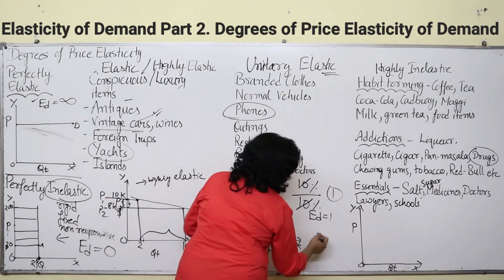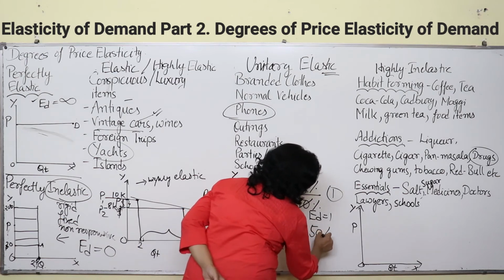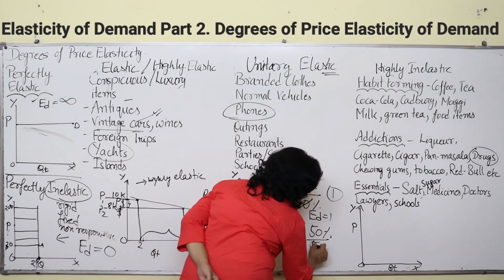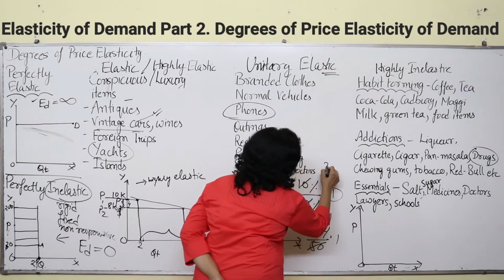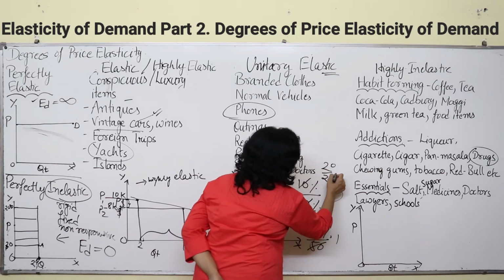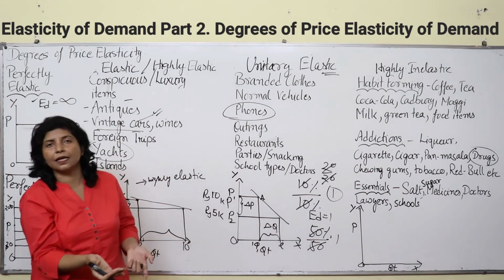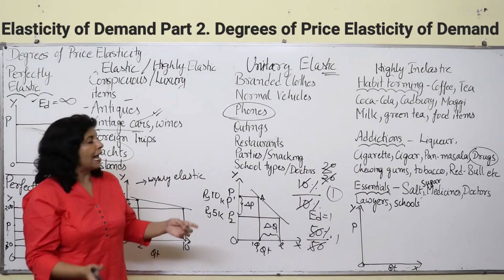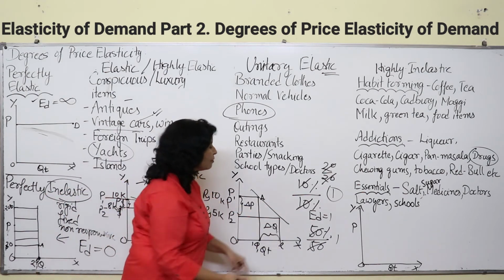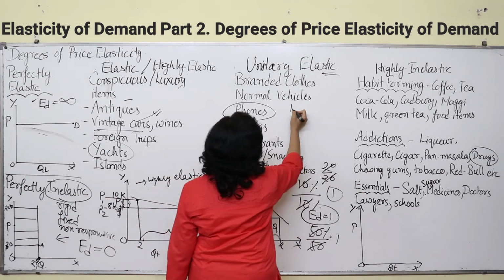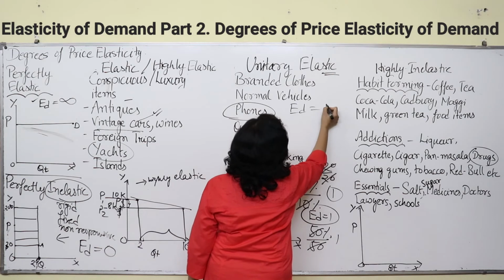Maybe there may be a 50% change and a 50% change, then again it's 1. 20 by 20 is again 1. That means the percentage change in quantity demanded is just equal to the percentage change in your price, and in that case your elasticity of demand ED is equal to 1.